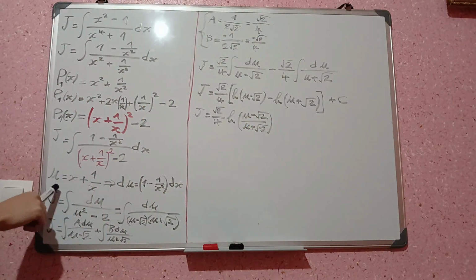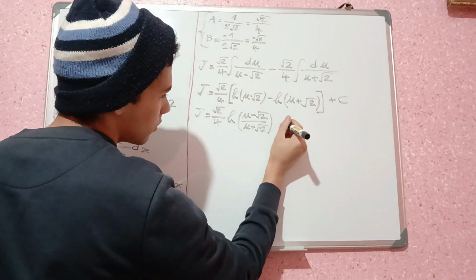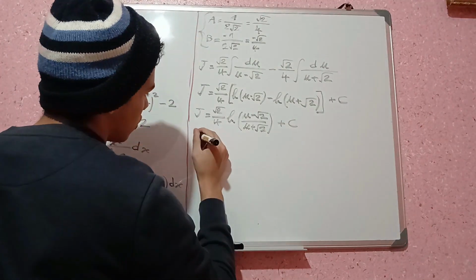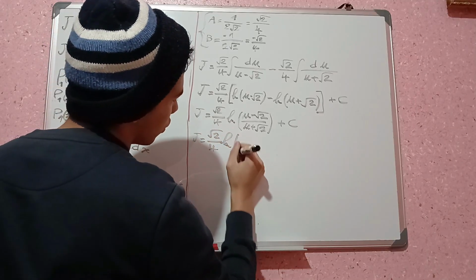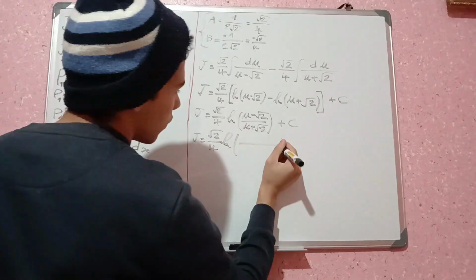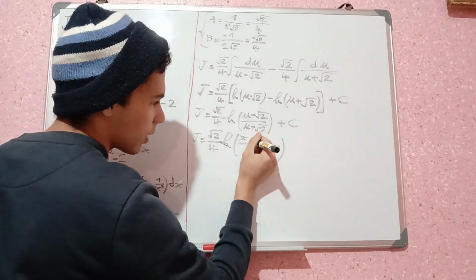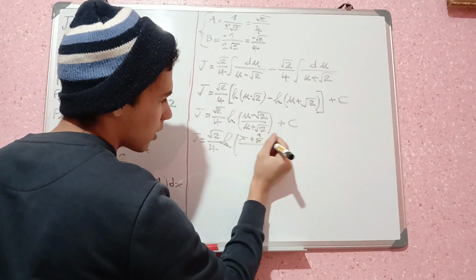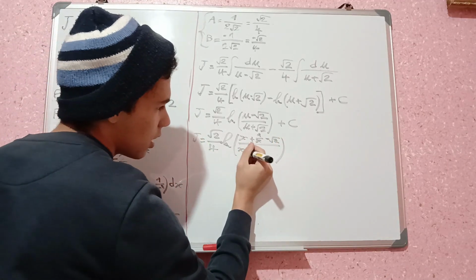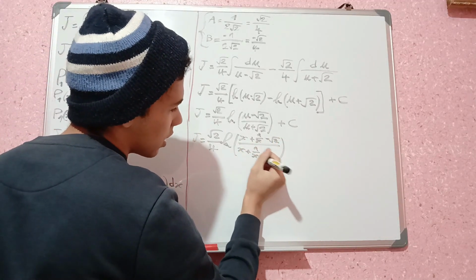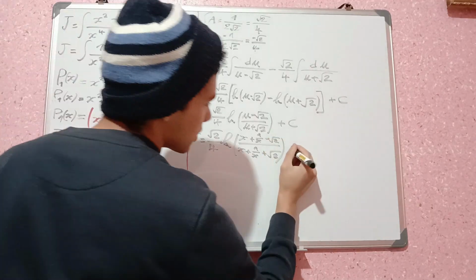We know that u is the same as x plus 1 over x. Let's write it down. g equals square root of 2 over 4 natural log of (x plus 1 over x minus square root of 2) over (x plus 1 over x plus square root of 2), plus c.